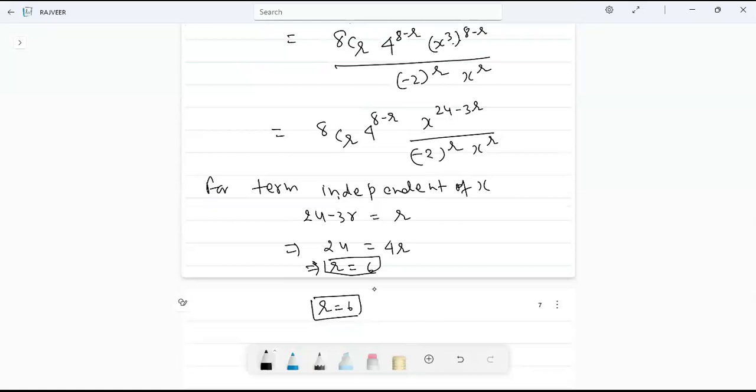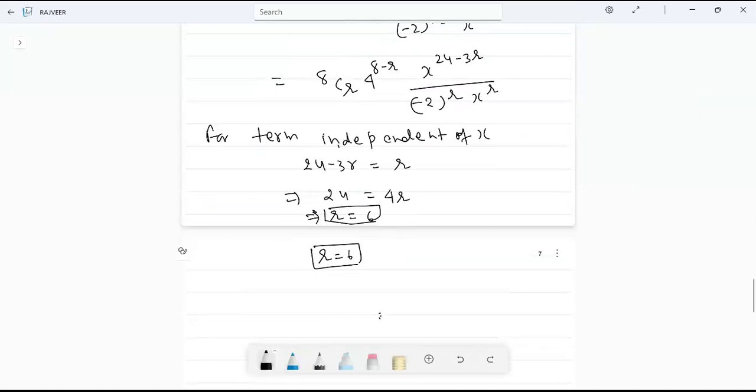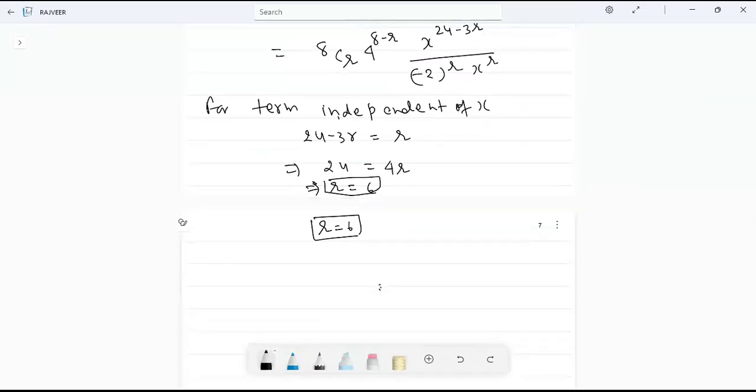If we wish to cancel these two terms, that means the power of x must be equal. Only then we will be able to cancel out. That means 24 minus 3r should be equal to r. So the value of r is 6.